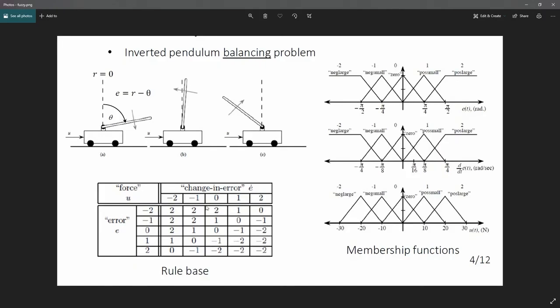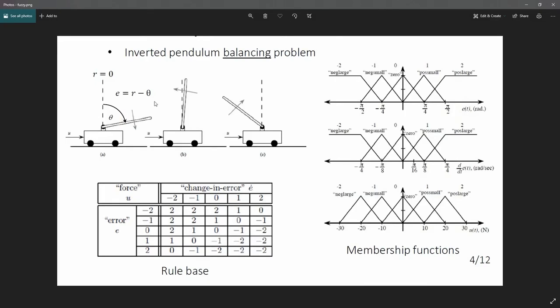Okay. If we define error at 0, the beam would be here. If error is 0, but change in error is 2 or positive large, it means that the velocity is in the right direction, rapidly. Again, the angle is at 0, but the velocity moves to the right side very fast.